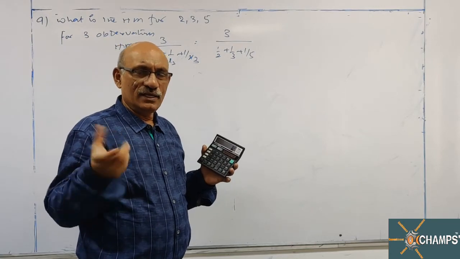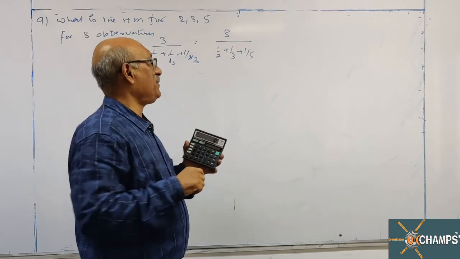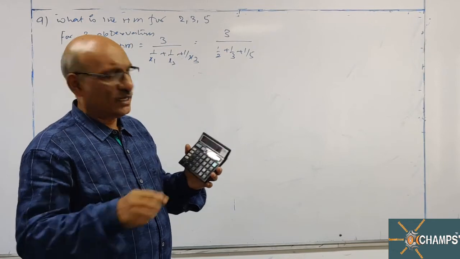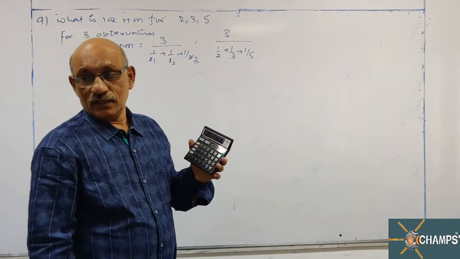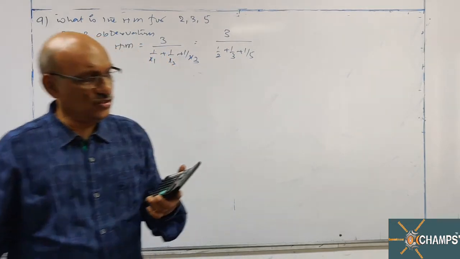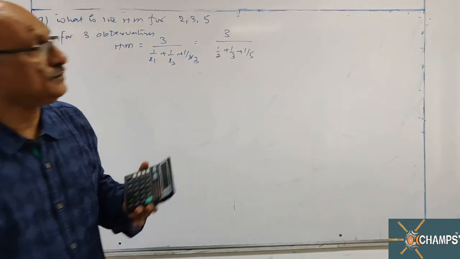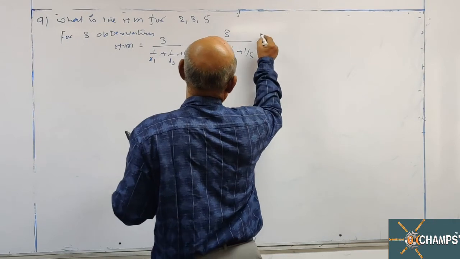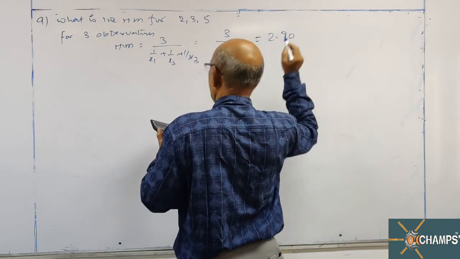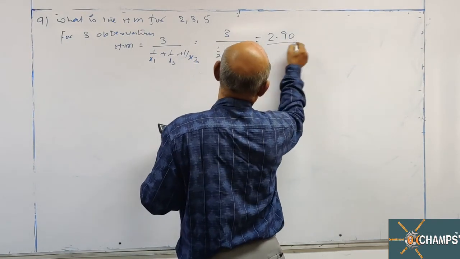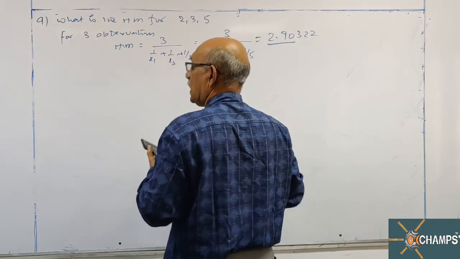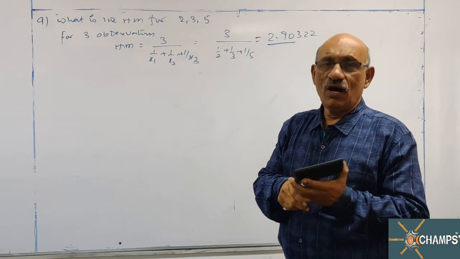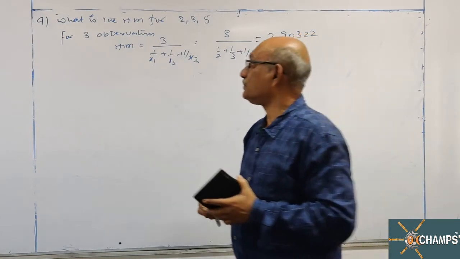Denominator is simplified and that value is stored in the memory. What is your numerator? 3. So 3 divided by MR is equal to 2.903. You can take other values also, depending upon the options, how many digits we have to consider.